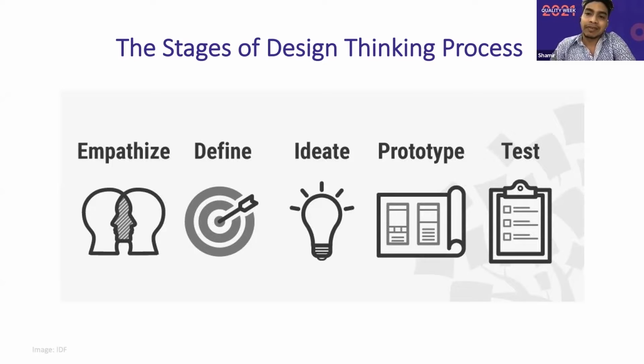These stages differ from practice to practice, and some people use just 3 stages of this process. Some extend up to 7 stages, like you get a stage like learning and stuff like that. It depends on how you're comfortable and what works for you.